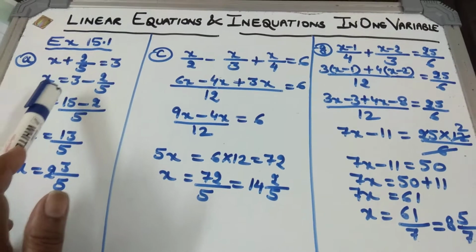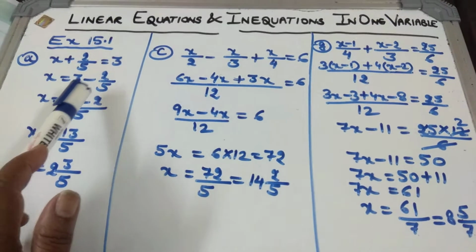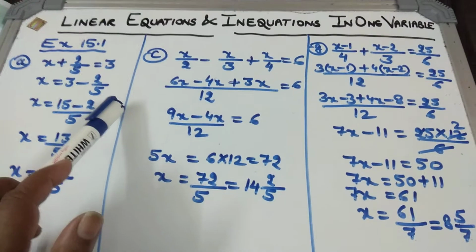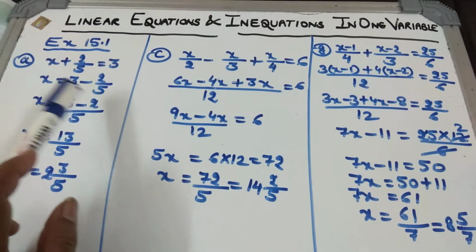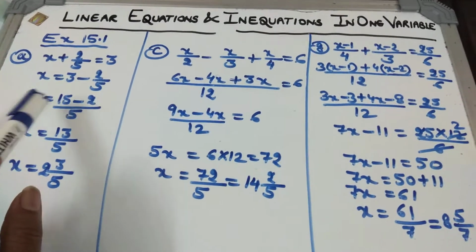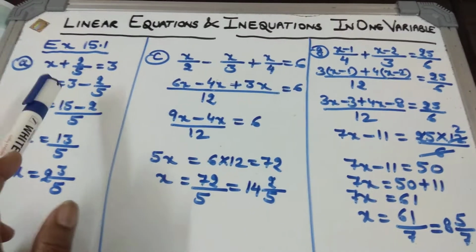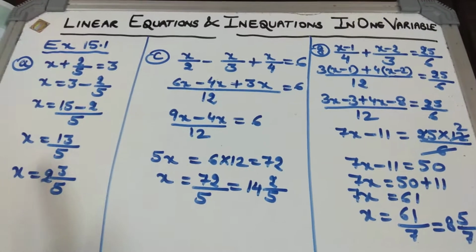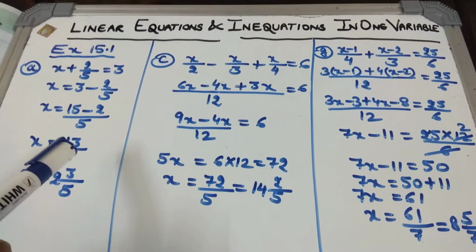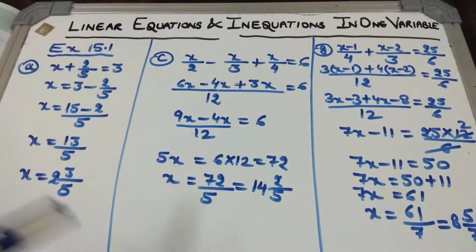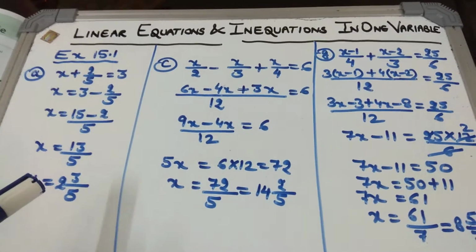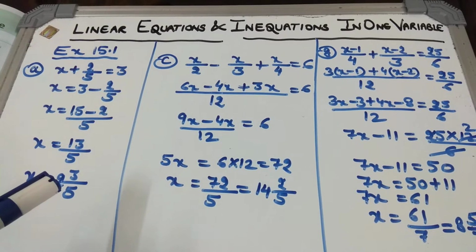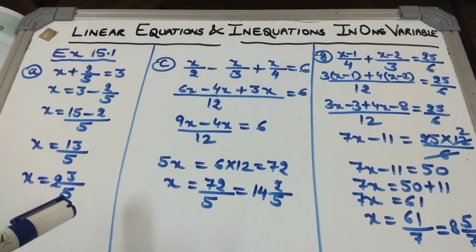So x plus 2 upon 5 equals 3 is the question given to you, A part. Then x equals 3 minus 2 upon 5. When you take the LCM and simplify, it becomes 5 3s are 15 minus 2 upon 5. So 15 minus 2 is 13, 13 upon 5. So x equals 5 2s are 10, 10 plus 3, 13 upon 5.